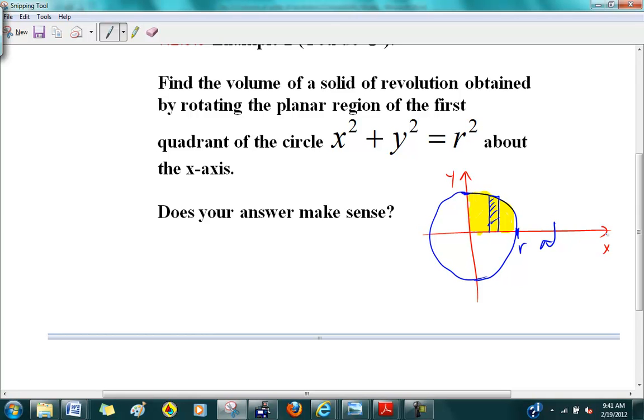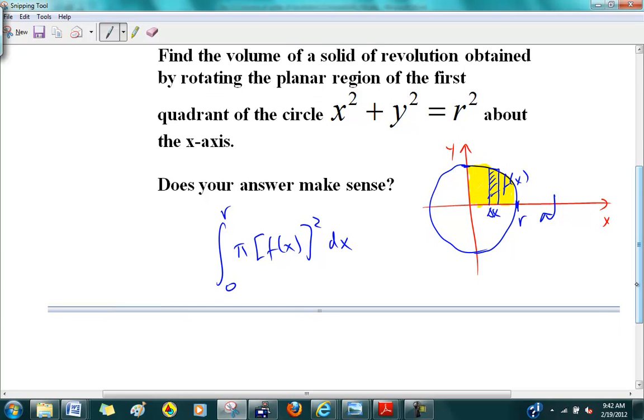You're going to generate a cylinder or a disk whose radius is f(x), whose height is delta x, and you're going to integrate. Okay, and the representative volume is going to be pi quantity f(x) quantity squared dx. You're going to integrate this from 0 to r, and you're just going to do it.